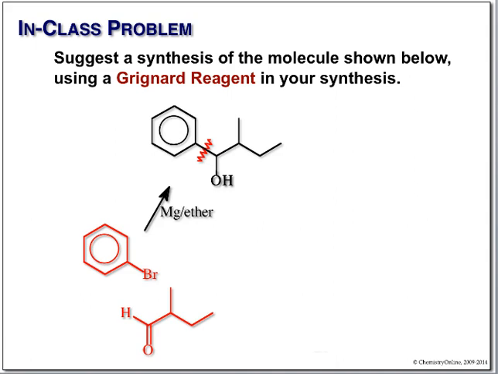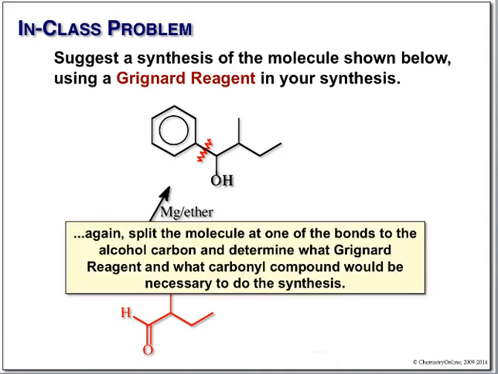Let's do the other side. Let's split it right here. Go ahead and draw the carbonyl compound and the Grignard reagent we needed to make this compound.